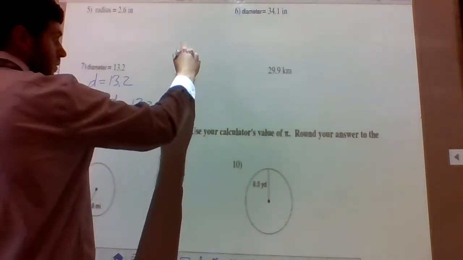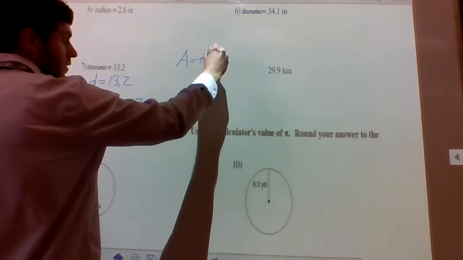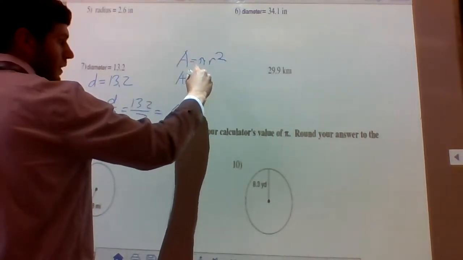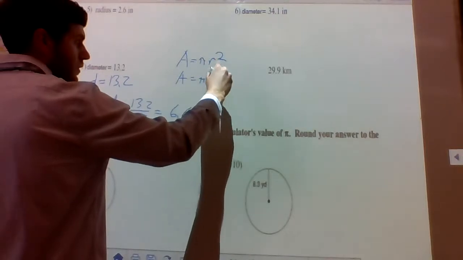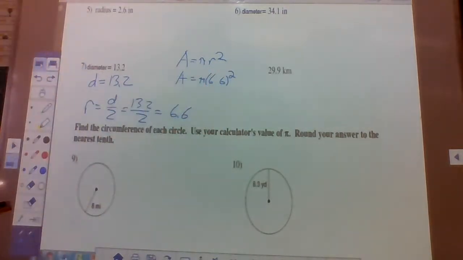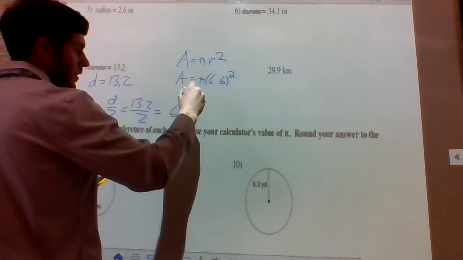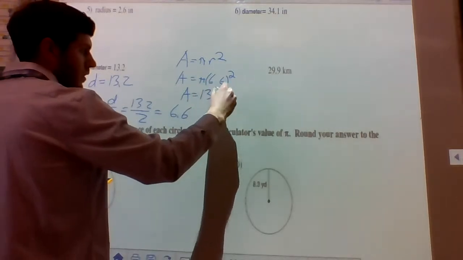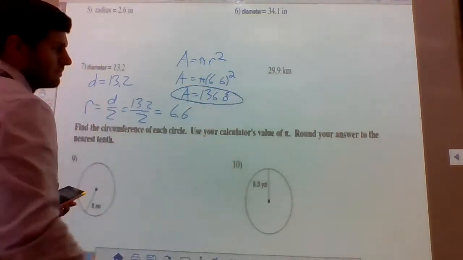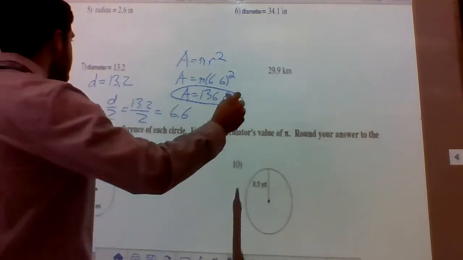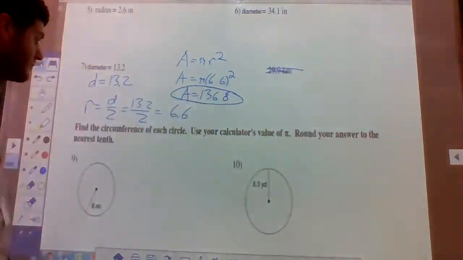Area is pi r squared. So area is going to be pi times 6.6 squared, which is 136.8. And then 8 we crossed off.